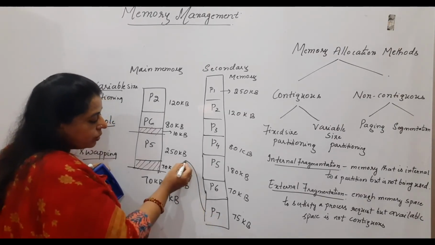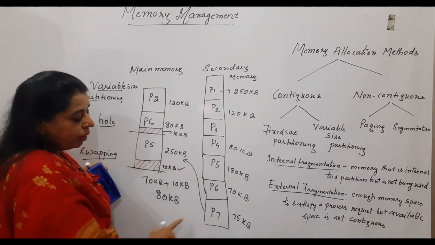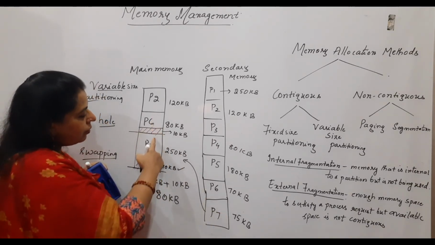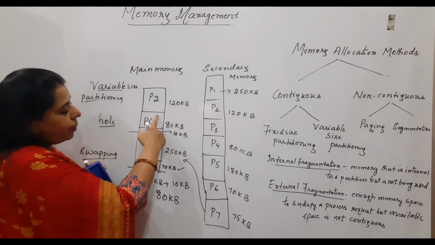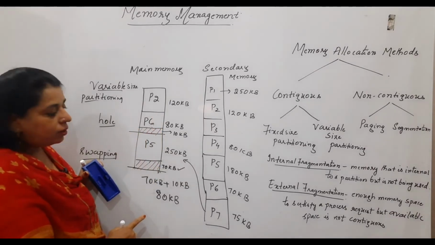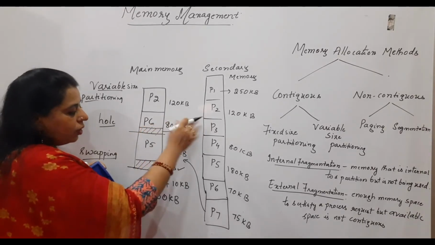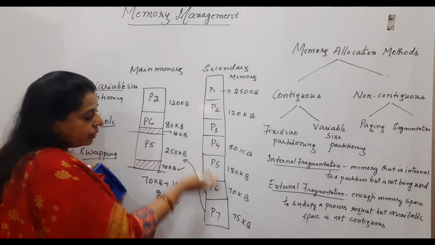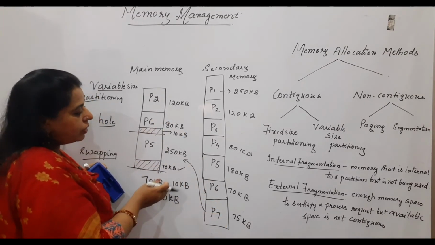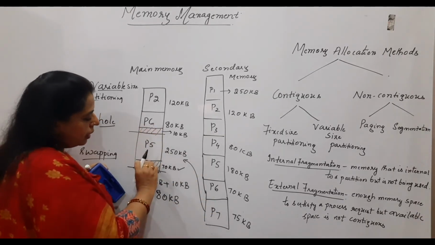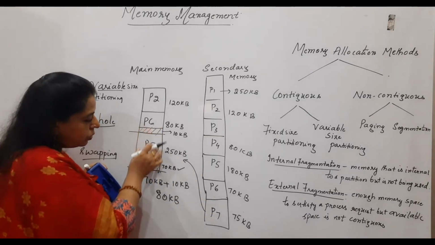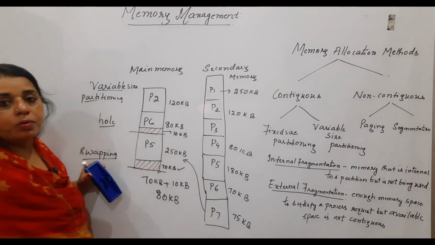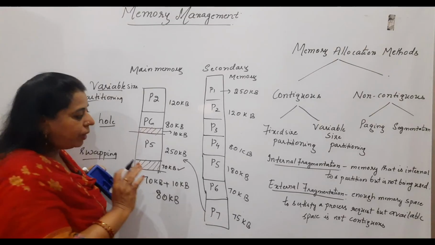Process P7 has to be allocated in the main memory. But the reason for not allocating P7 is that the space in the main memory is not contiguous. One fragment is here of 10 KB, another fragment is here of 70 KB, and definitely this is a contiguous method of allocation. You cannot put a part of the process here and another part of the process here. It has to be in contiguous fashion. That's the reason P7 cannot be accommodated into the main memory.